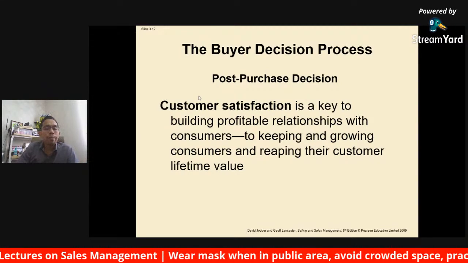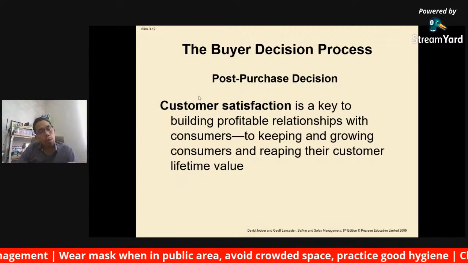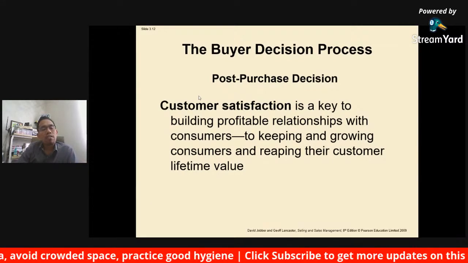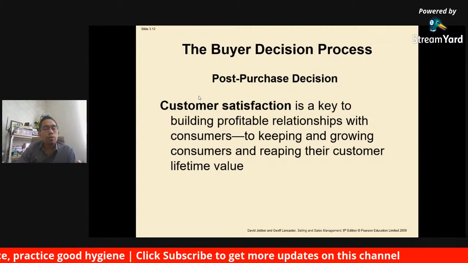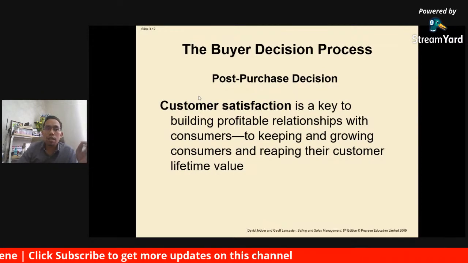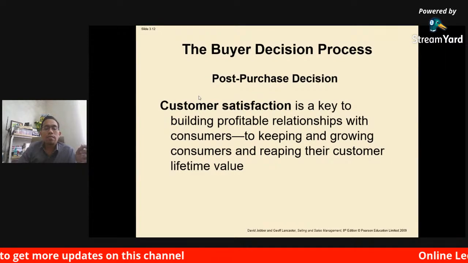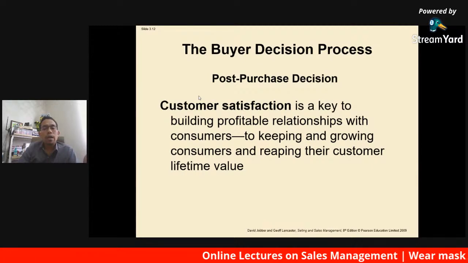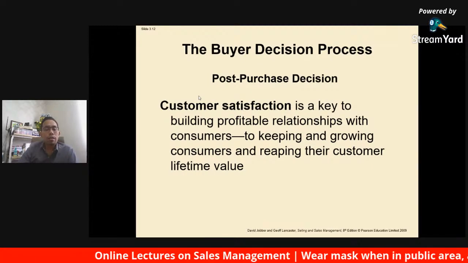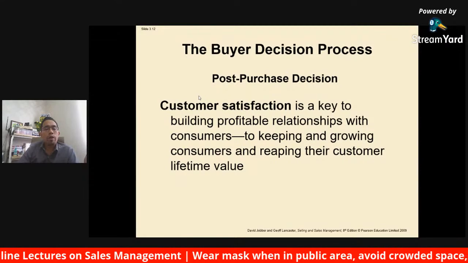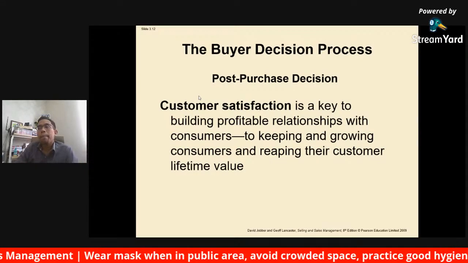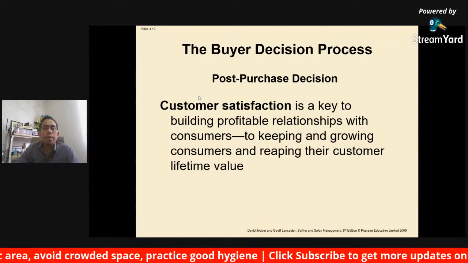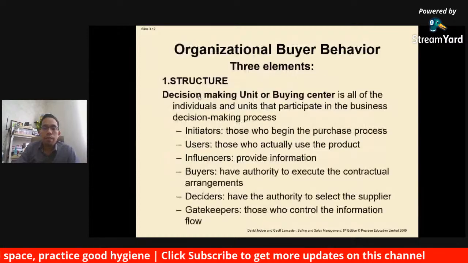How they struggle to put J&T back as a courier considered the fastest and very efficient courier service, because of certain rumors or unclear information, and the business plunged to somewhere unimaginable. So the goal is to keep and grow consumers and reap their customer lifetime value.